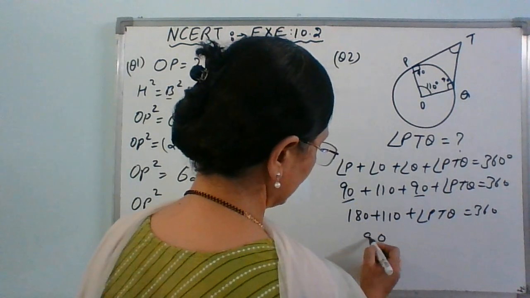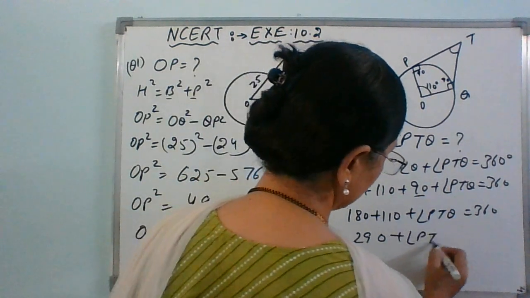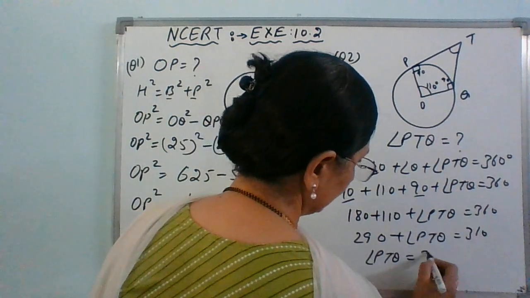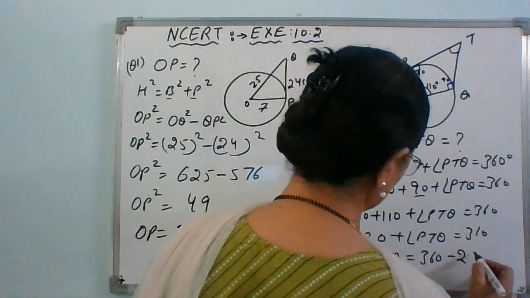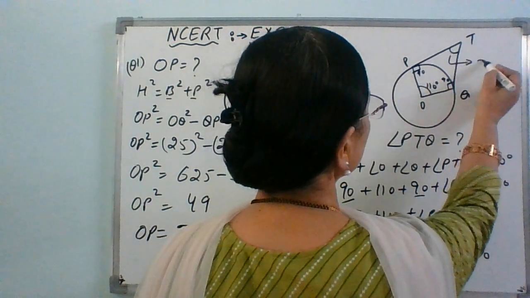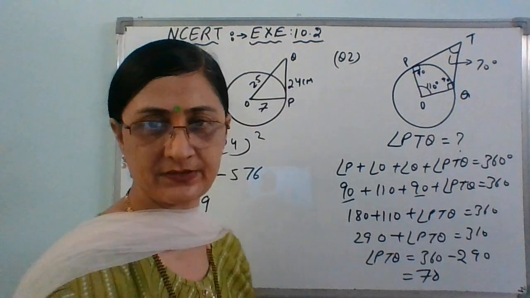So here it becomes 290 plus PTQ equals 360 degrees. Angle PTQ is 360 minus 290, that is 70 degrees. So this angle comes out to be 70 degrees, right?